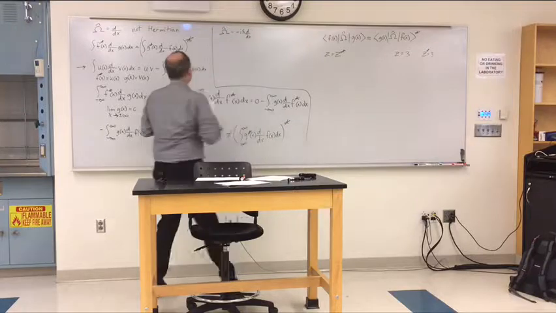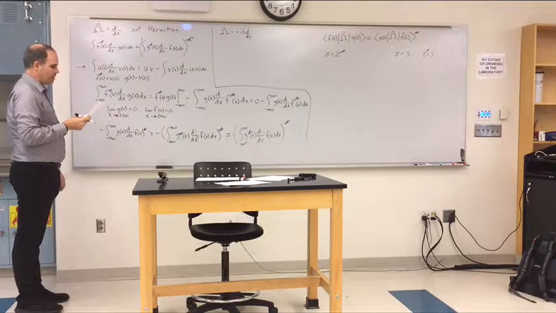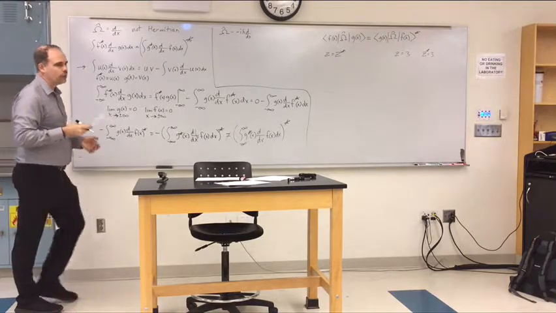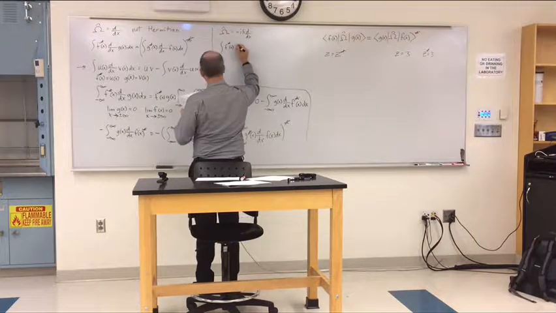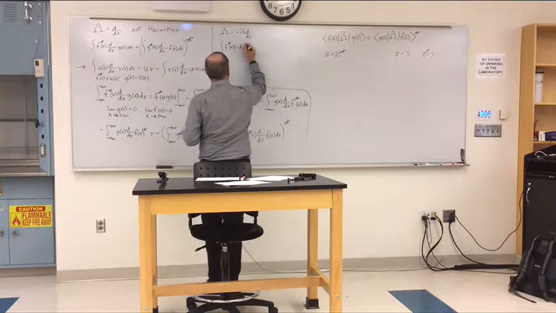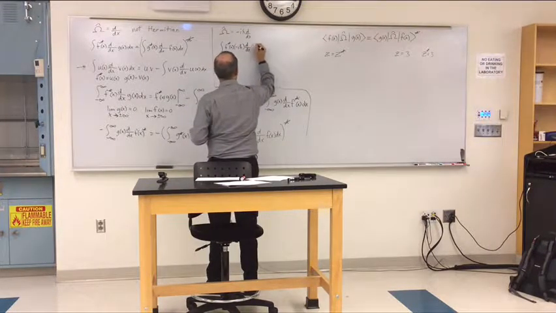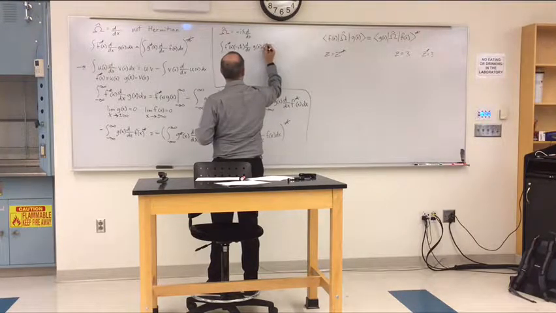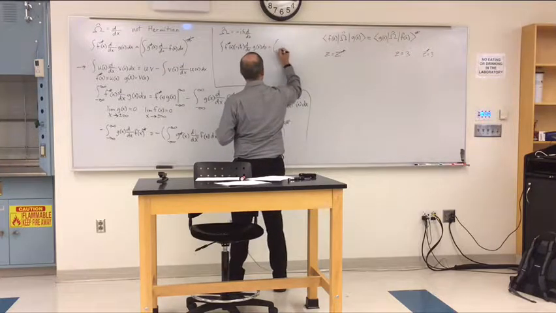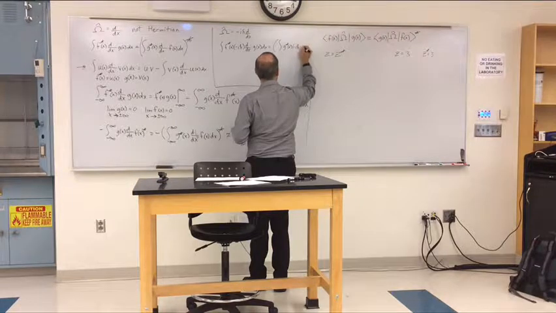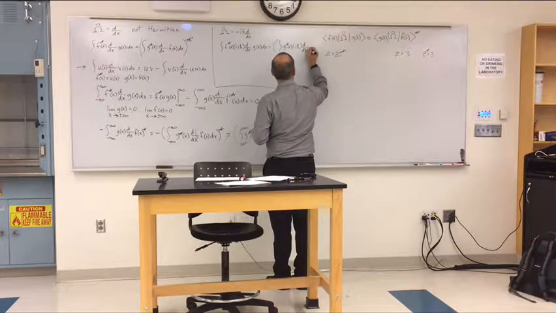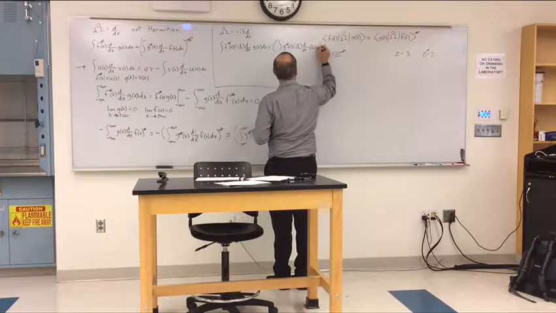Essentially, as we go through, we're just going to put a negative i h bar in front of wherever you see d/dx. So, the integral of f star of x, negative i h bar d/dx g of x dx, equals the integral of g star of x, negative i h bar d/dx f of x dx.